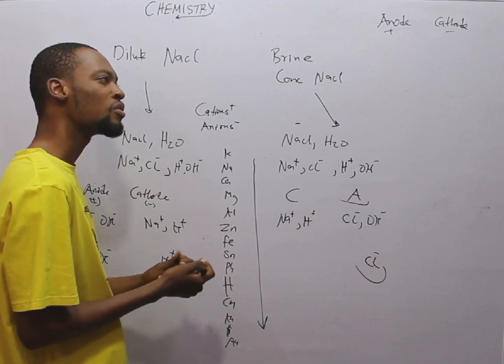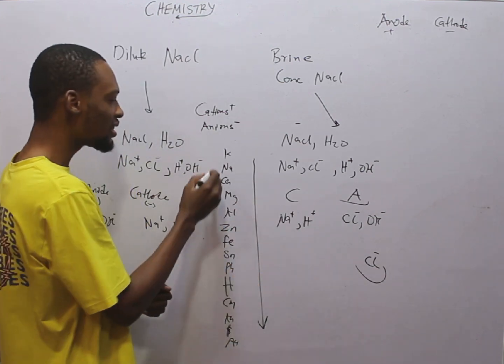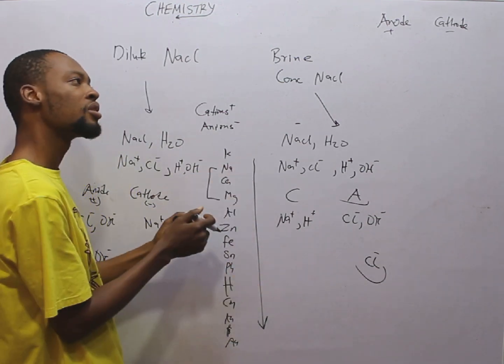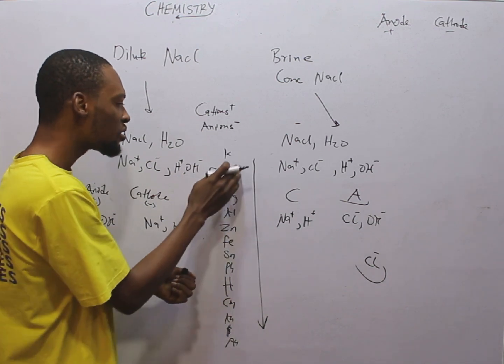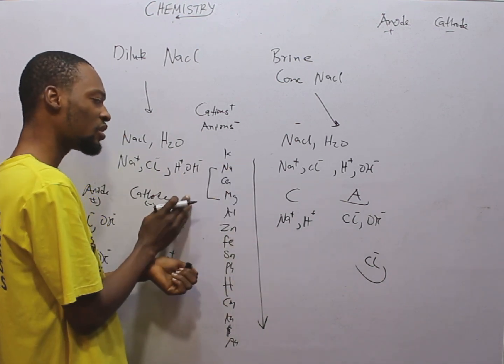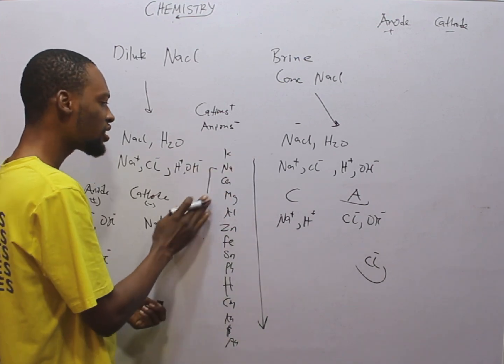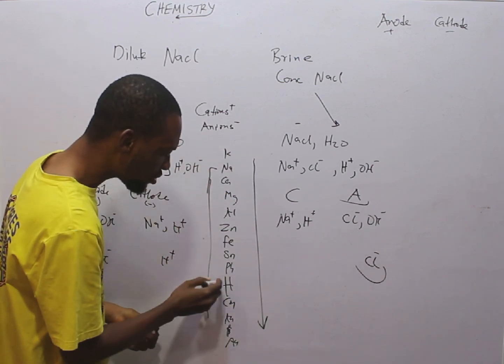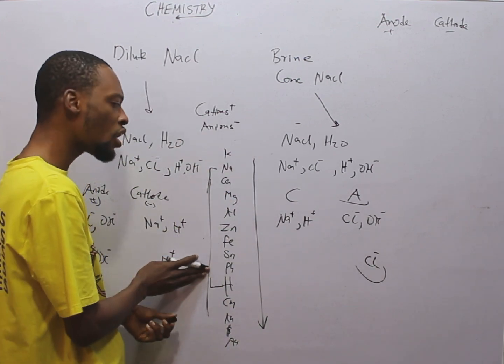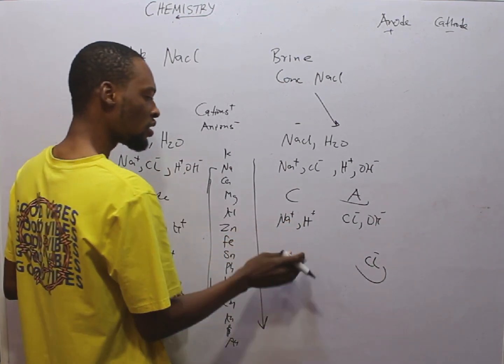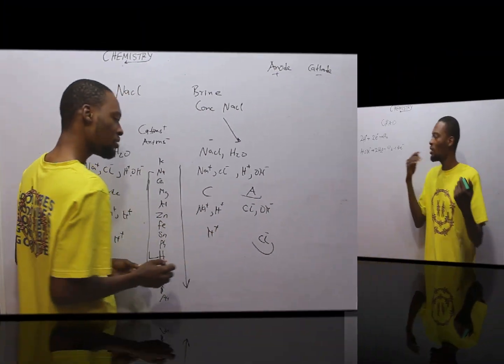Concentration only works when the distance is small. Let's say for this and this, since they are very close, concentration will make sodium to be deposited instead of magnesium, even though sodium is higher. But since the distance between sodium and hydrogen is far, concentration will not work for the positive ion, which means hydrogen ion will be discharged.